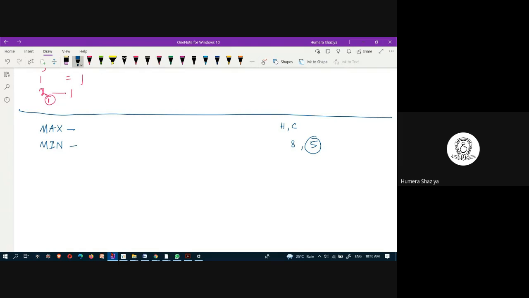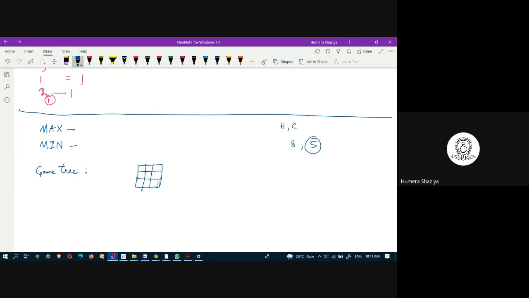All right, Max and Min players. I hope it's clear. What is a game tree? Another terminology is game tree. It is a representation of all possible moves of the game. We already looked at that 8 puzzle problem game and how we can shift the empty space, shifting the empty space up, down, left, right.